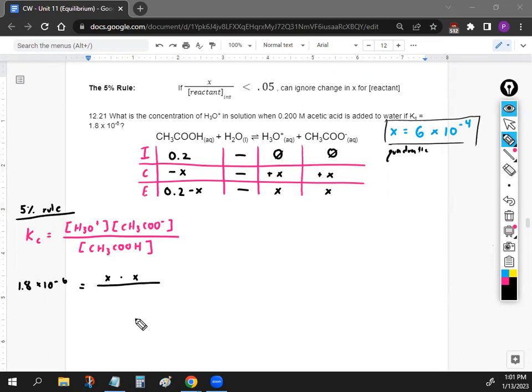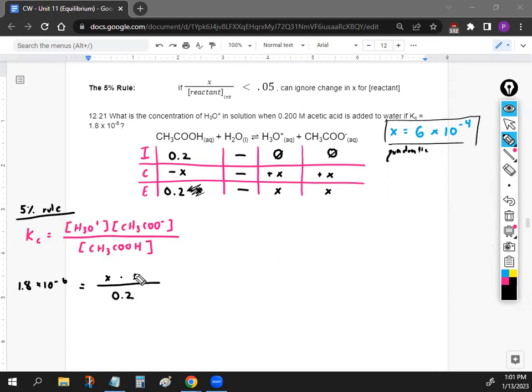Now, the part that makes these problems really annoying to solve is this part right here, because there's an X that you're subtracting from our concentration. When we test the 5% rule, we can ignore this, and so we get 0.2. If you look at this problem, this is a lot more manageable, a lot less work.